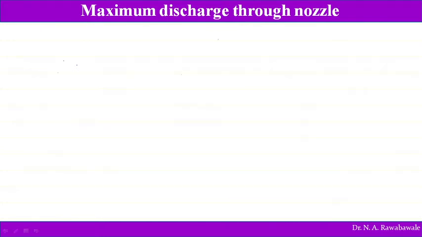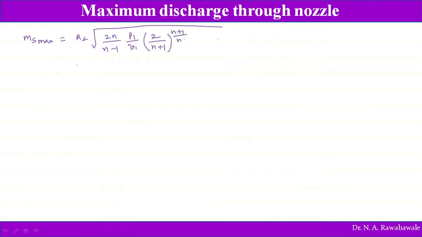So here it can be written as maximum discharge is equal to A2 square root of 2n divided by n minus 1, p1 v1, bracket (2/(n+1))^((n+1)/(n-1)) in another bracket (2/(n+1))^(-1), minus 1.